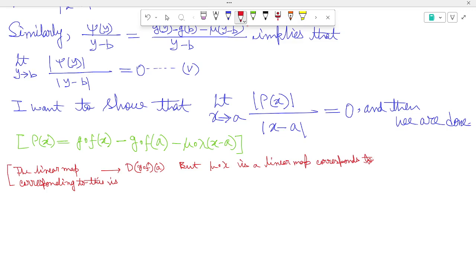What is mu and what is lambda? Lambda was D of f a. So what is mu compose lambda? Mu, by definition, if you remember, is D g f a compose lambda. What is lambda? Lambda I assumed as D of f a.